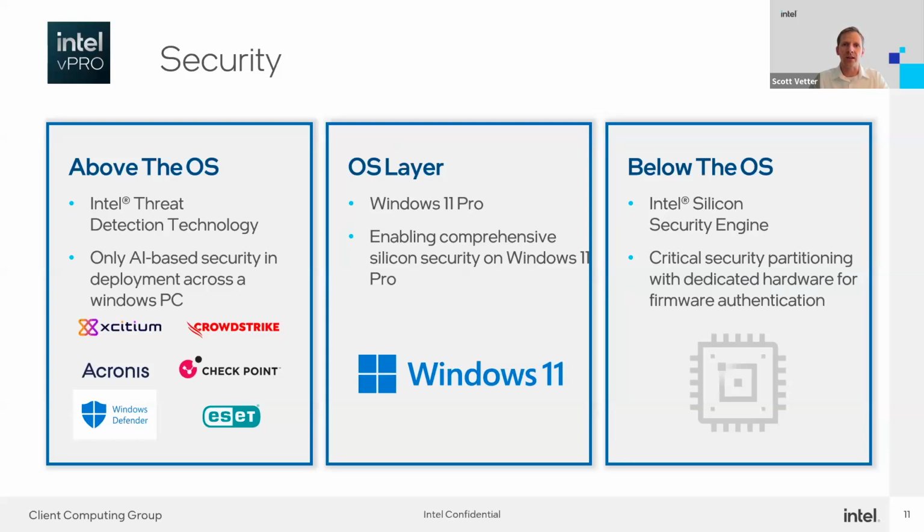This is work that we have done in co-engineering efforts in conjunction with Microsoft, and we stand by the fact that Windows 11 Pro is the most comprehensive OS for security in the enterprise space. And then finally, we have below the OS. That's based around the Intel Silicon Security Engine, as well as various other things that we've done on the hardware side, including security partitioning, dedicated hardware, and firmware authentication.